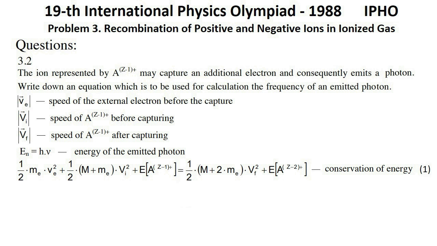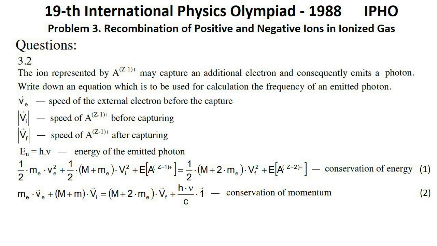Here E of AZ-1 plus and E of AZ-2 plus denote the energy of the electron in the outermost shell of the ions AZ-1 plus and AZ-2 plus respectively. The law of conservation of momentum gives equation 2. Here vector 1 is the unit vector indicating the direction of motion of the emitted photon. Thus, the equation that will be used to calculate the frequency of the emitted photon is given by formula 2. This was the solution to question 2.